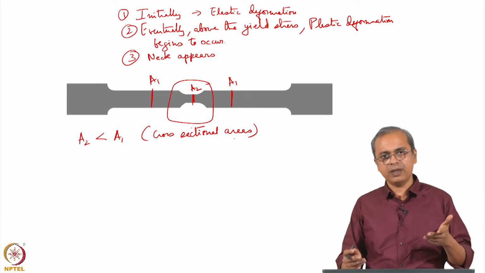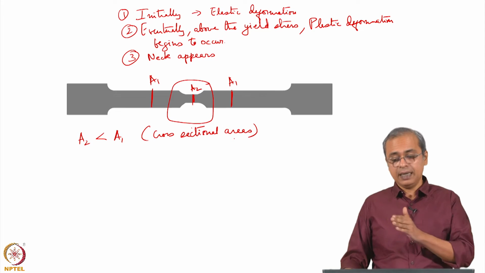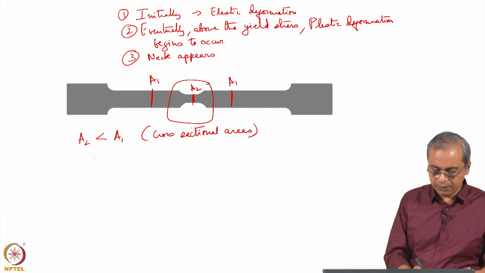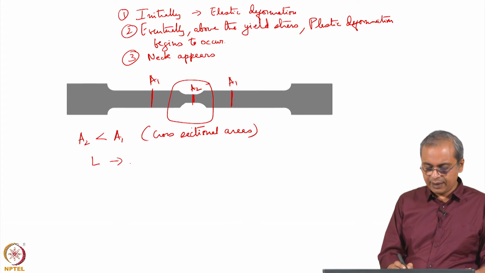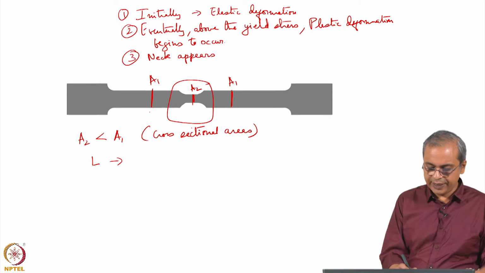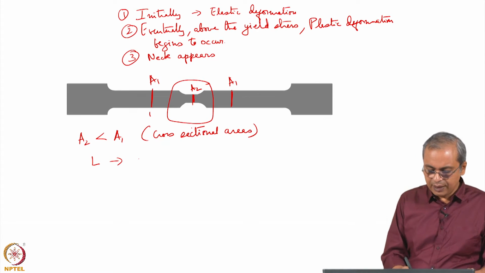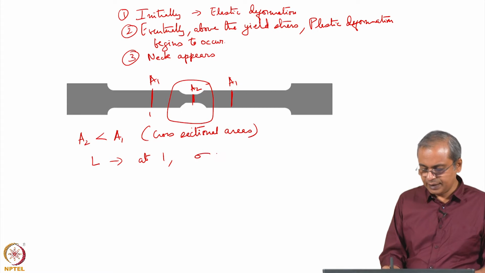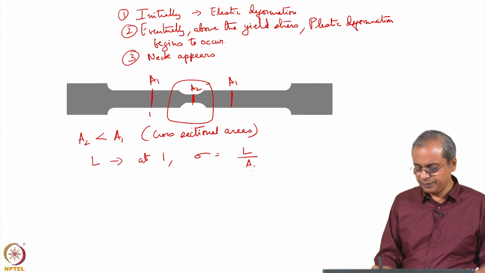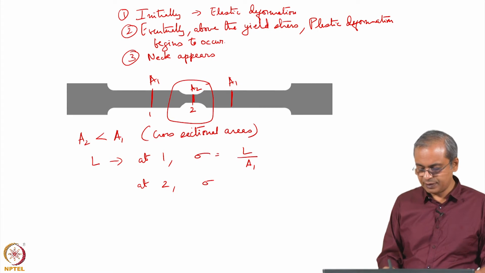It has become thinner than the rest of the sample. If you look at the load, if you maintain the load, some load L, then at location 1 the stress is L by A1, and at location 2 you have stress which is L by A2.